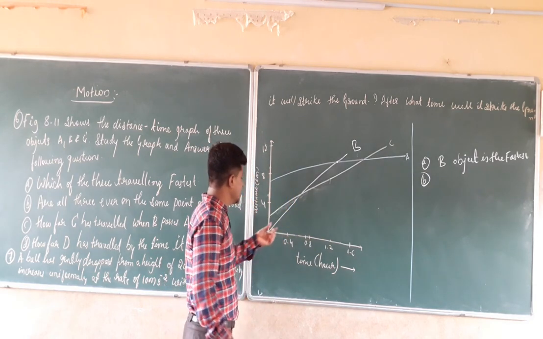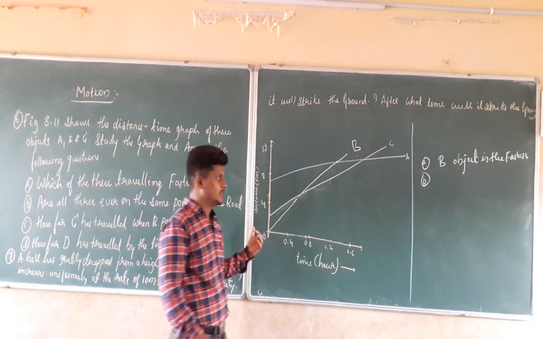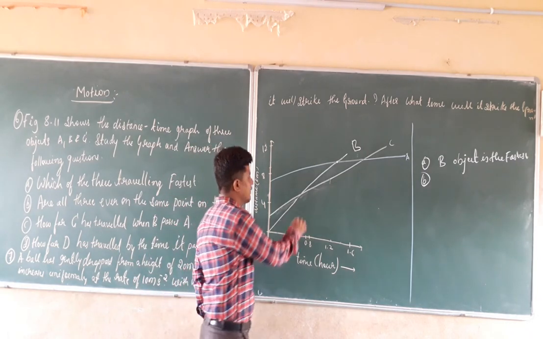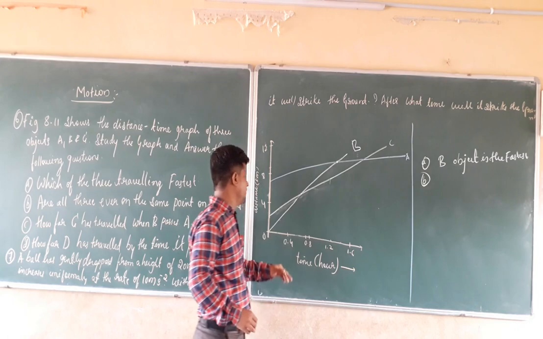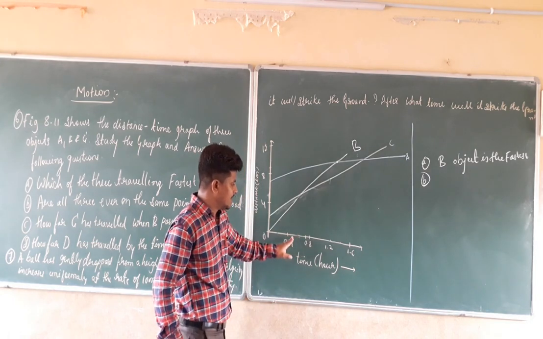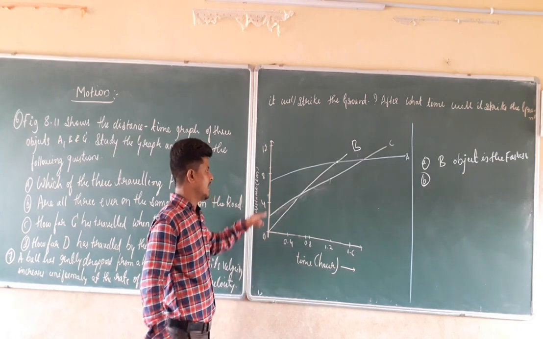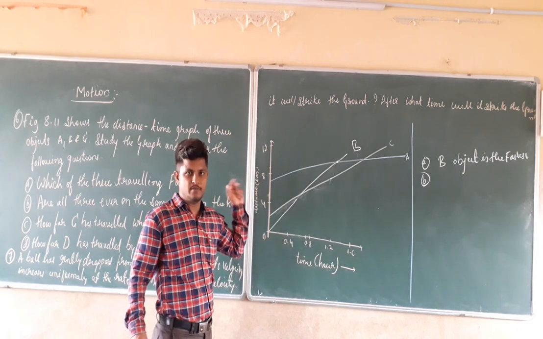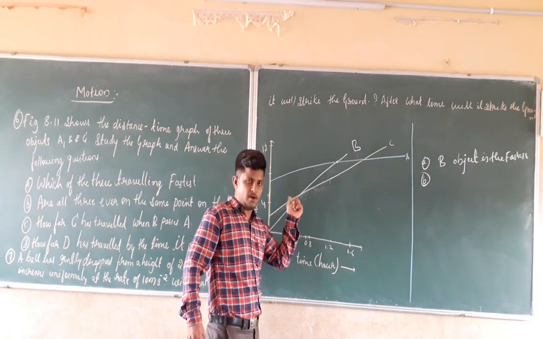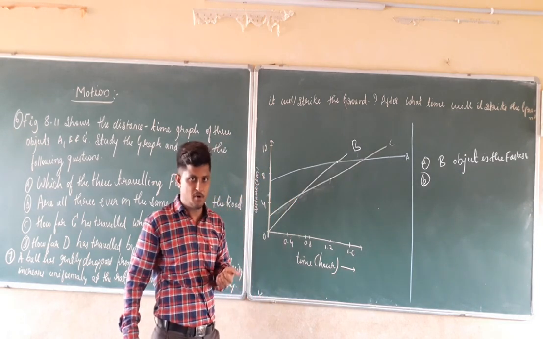In the same manner, C and B will be at the same point after 0.6 hours, after covering a distance of 5 kilometers. They will be at the same point.